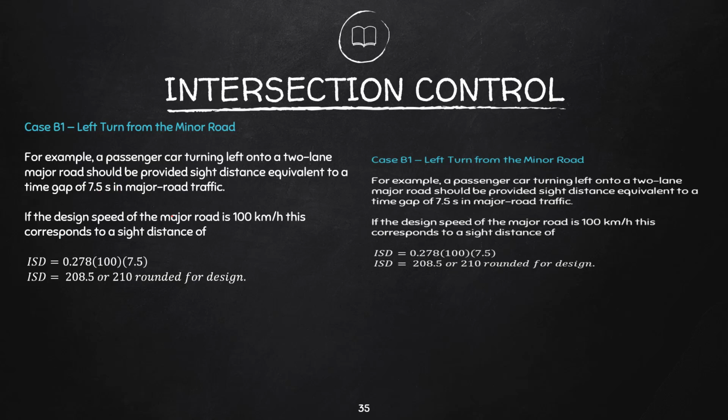If the design speed of the major road is 100 kph, we will have an ISD of 0.278, the conversion factor, times 100, the V major, times 7.5, the time gap, and that would be equal to 208.5 meters. But we will round it up to 210 meters for design values. This is in meters. I forgot to place it in this slide.